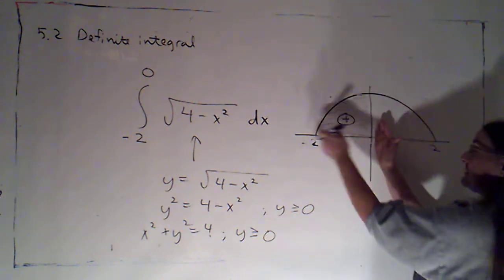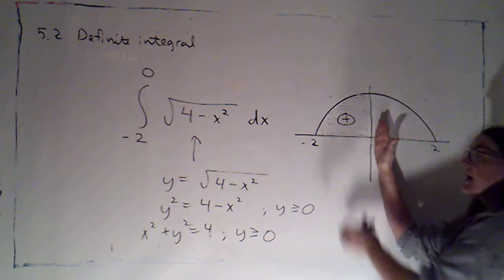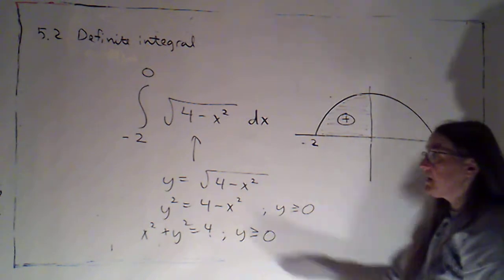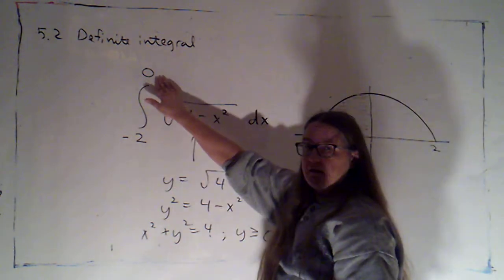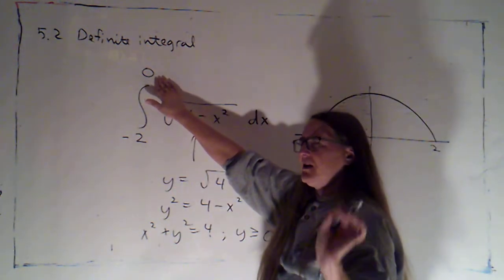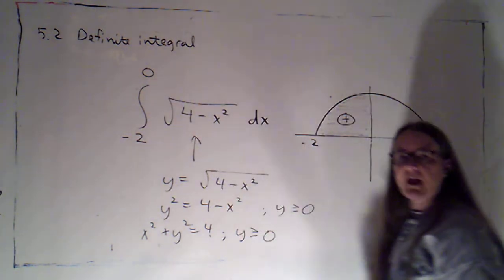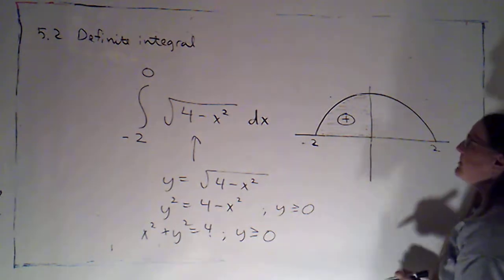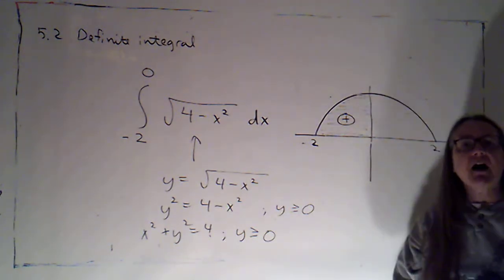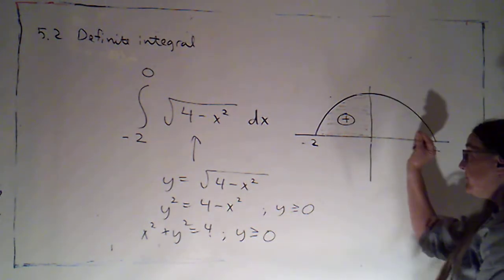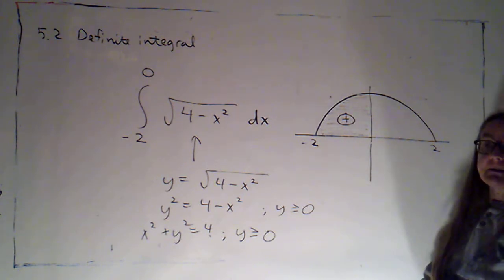I don't care that it's to the left of the y-axis. The base, as long as I'm integrating from left to right, and eventually we'll define that we can go backwards from right to left, but for the time being we're always going to be going from left to right, the base counts as positive. What determines whether it's positive or negative area is just whether it's above or below the x-axis.